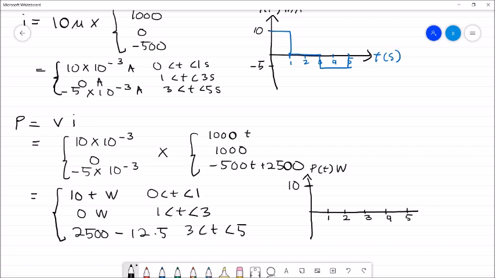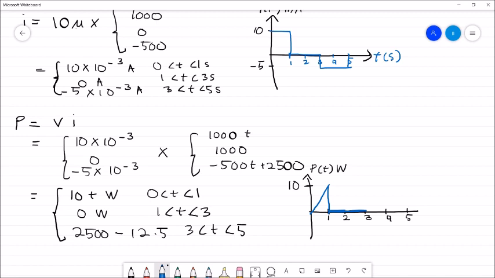Then 10t, so it is a linear graph. This is for the linear graph, 10t. Then the 0 watt will be from 1 to 3.